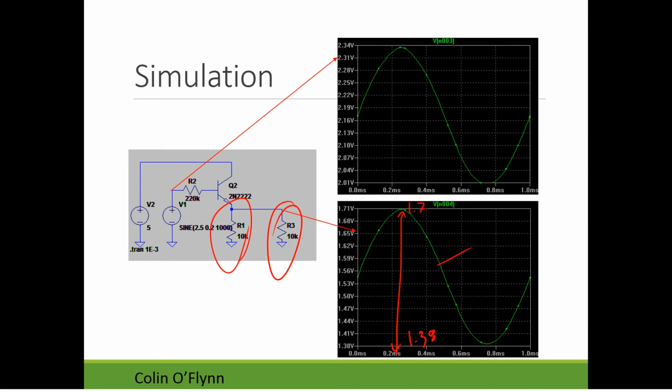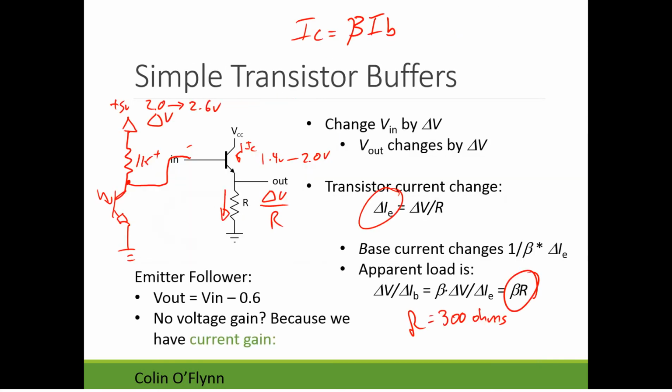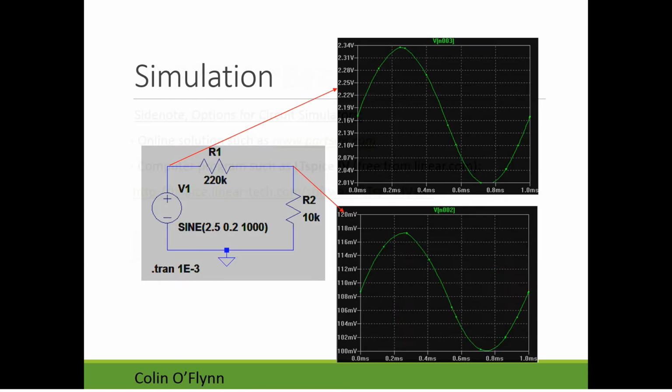So we have about that 0.3 volt change. There's a bit of a shift in the center point, which you expect, but we've maintained that delta V. That's what I said earlier: if we go back, there's going to be this 0.6 volt drop due to the junction voltage, but the change in voltage should remain about the same.